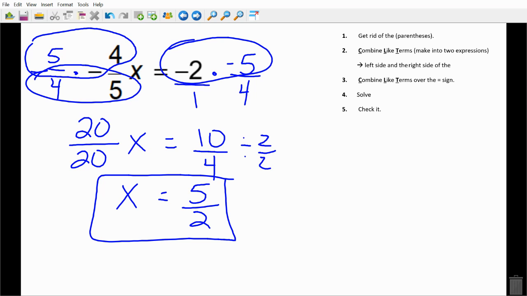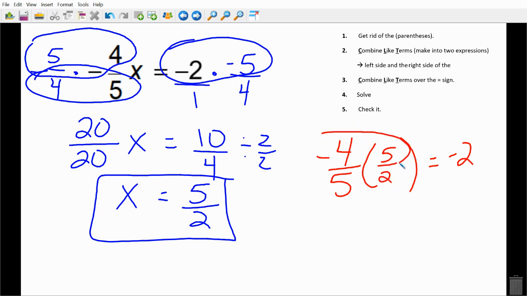So ready? Negative 4, we've got to check this. Negative 4/5 parentheses, because I want to substitute in for my x. We're going to get 5 over 2. And again, we just take our tops and multiply across the numerators, right?